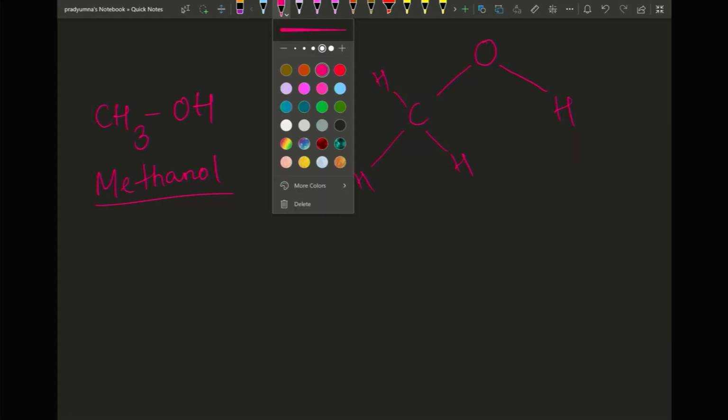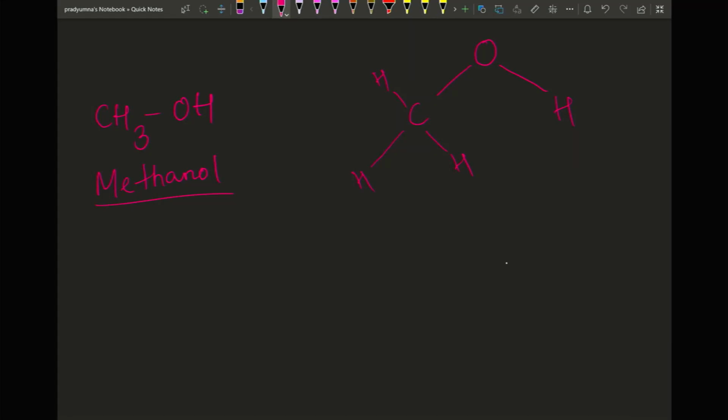But let's talk about the fun alcohol, the most fun alcohol, right? Which is the next one. We're going to start with condensed structures. I'm going to write OH, because oxygen can have only two bonds. Carbon can have four.